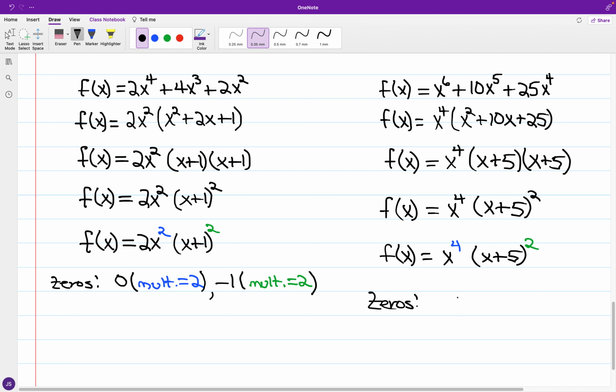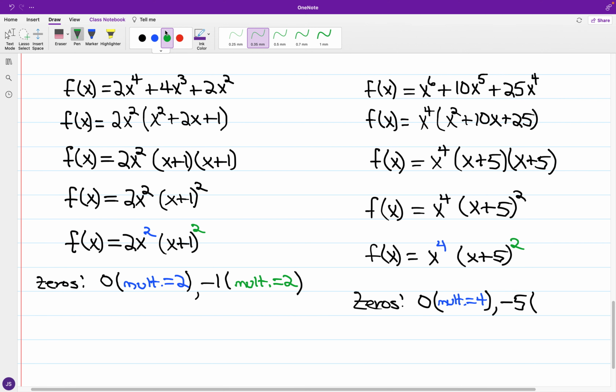So again, we have the reappearance of x, so we have that 0, and the multiplicity value is 4. And with x plus 5, we have -5. Since the factor is squared, -5 is going to have a multiplicity value of 2.